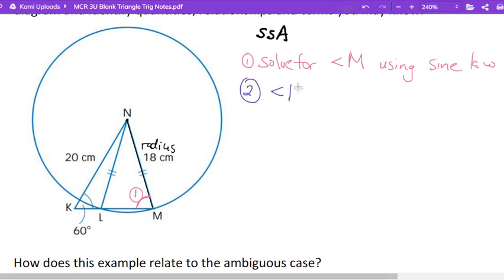So, but I'm going to be specific. I'm going to call it KLN because there are two angle L's. Agreed? So I'm going to be specific and say, hey, I'm talking about this angle. That angle is going to equal 180 subtract angle M. And let's write that down. They are supplementary angles.